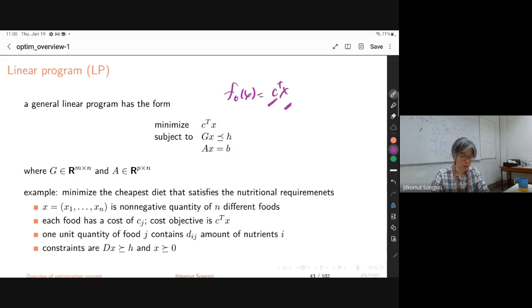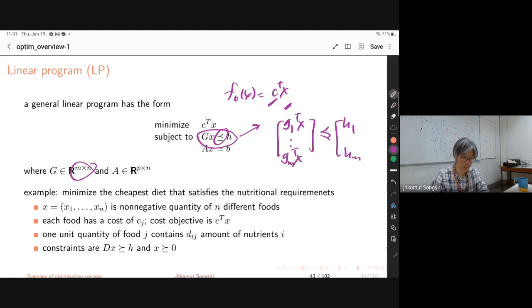Okay. For constraints, we have two types of constraints, right? Linear inequality and linear equality. So it depends on the size of G. Actually, this is a vector notation. What it means is that you have G1 transpose x less than h1 and Gm transpose x less than hm.